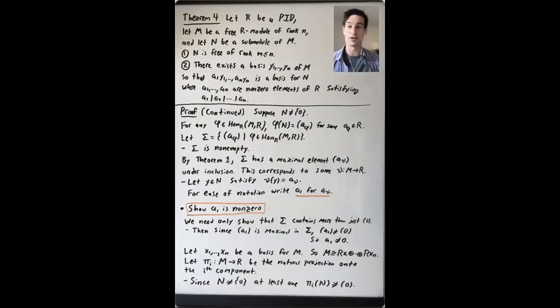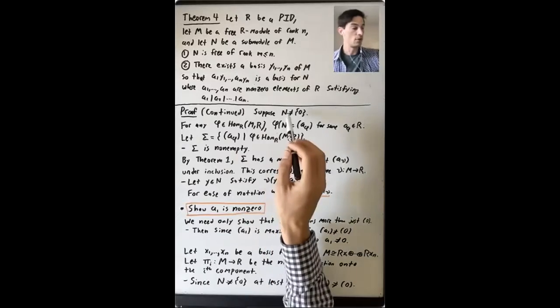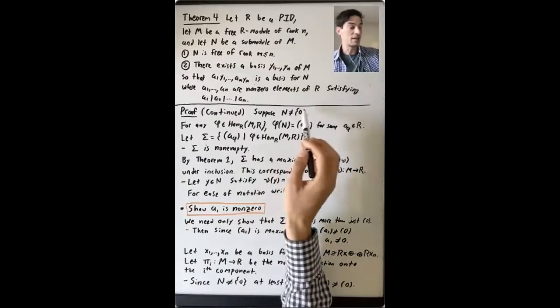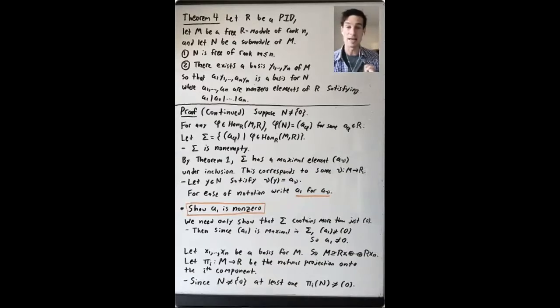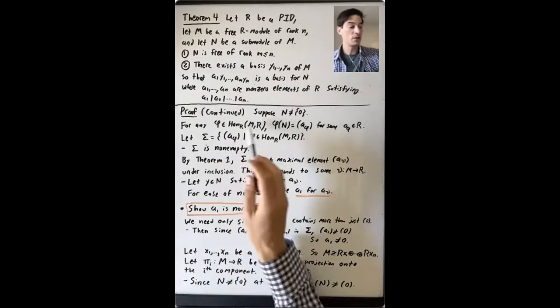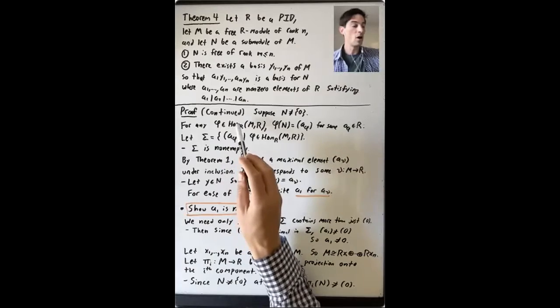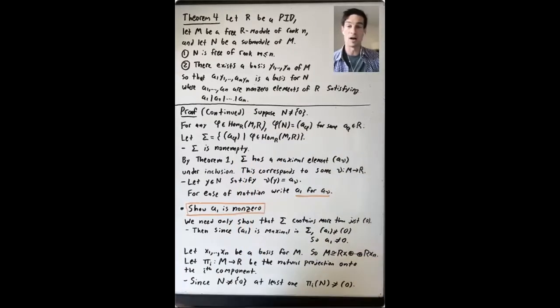And where were we so far in this argument? So when N is the trivial zero module, there's nothing to prove. So let's suppose that it's not. And the first clever idea was to consider any R module homomorphism from M to R and look at the image of N under that homomorphism.